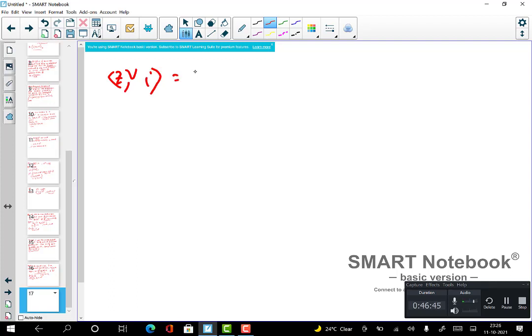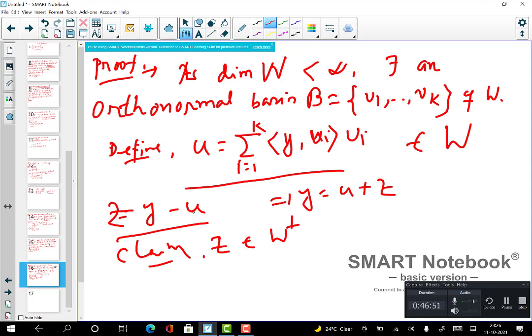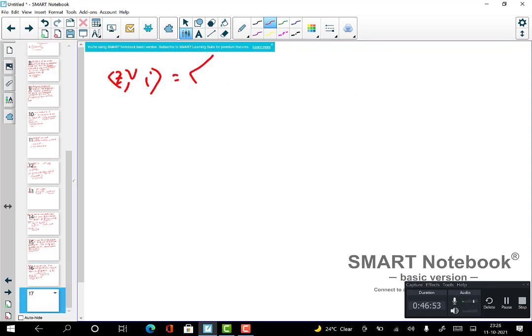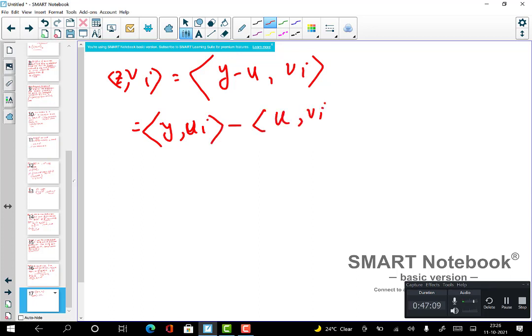Then you know that z is nothing but y minus u, right? So we write the inner product of z with vi as the inner product of y minus u with vi, which is the inner product of y with vi minus the inner product of u with vi.